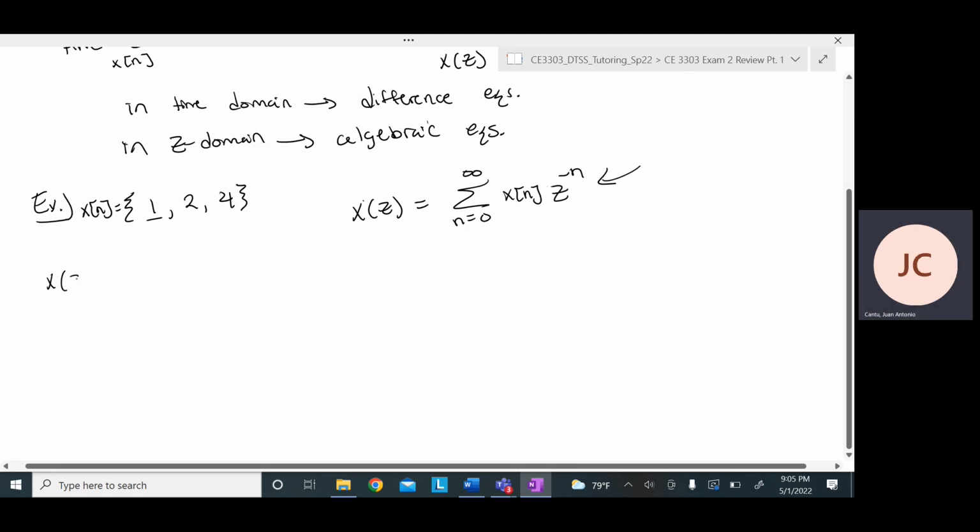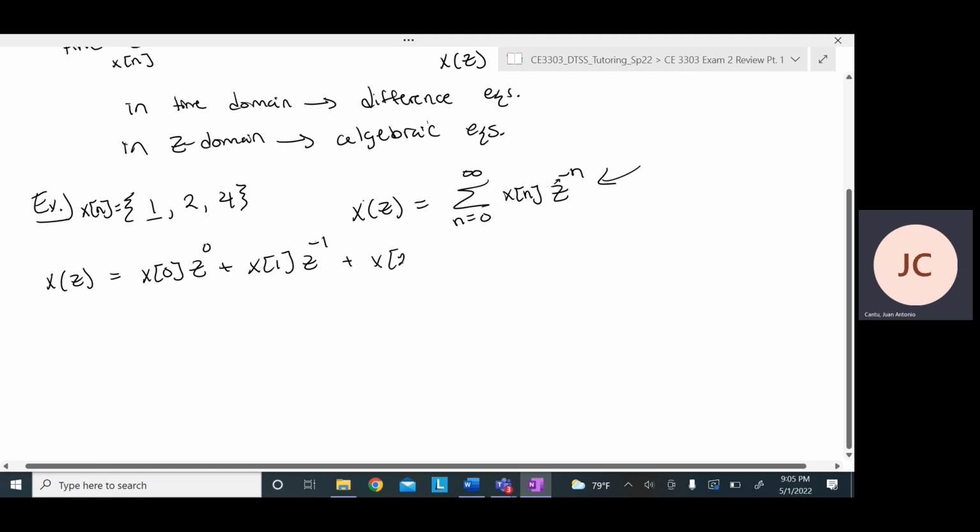So X of z is going to be x of 0, z to the 0th power, right? Plus x of 1, z to the -1 power, right? N is 1, and we just have the negative in the exponent right there.